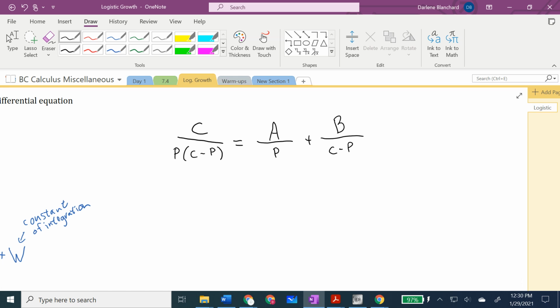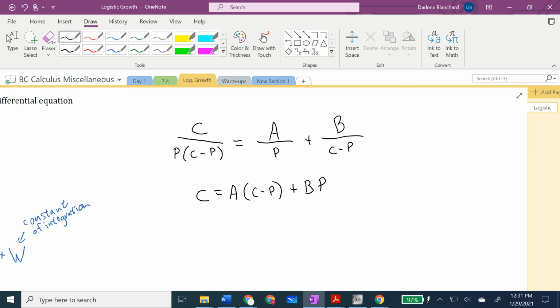The first step in fraction decomposition is to multiply both sides by the common denominator. So on the left I have C, on the right I have A, the P's cancel, times C minus P, plus B, the C minus P's cancel, times P. And it's important, there are so many letters going on here that you've got to remember who the variable is.